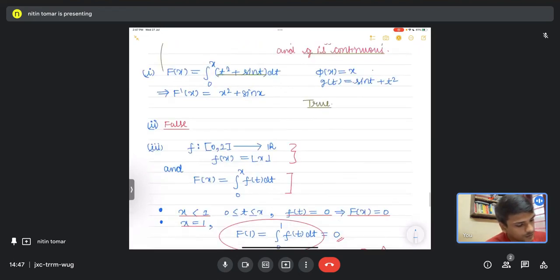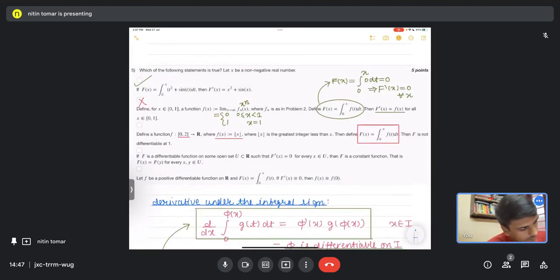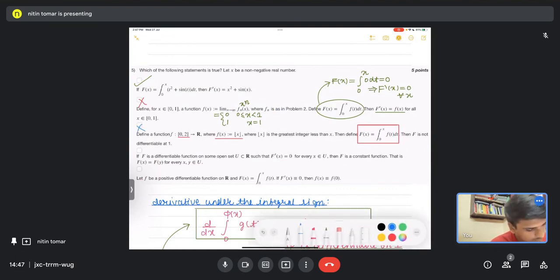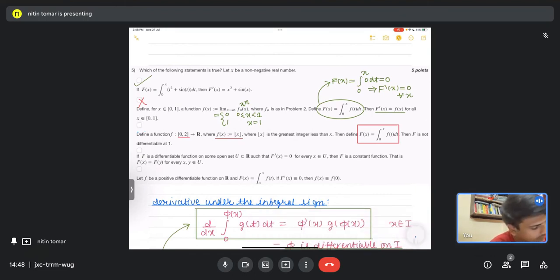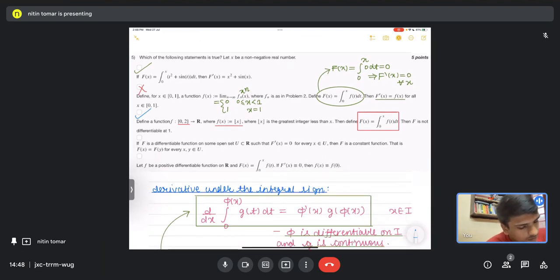So this option is also false. Oh no, this is given that this is not differentiable, which means it is true. F is not differentiable, right? Yeah, this is true.